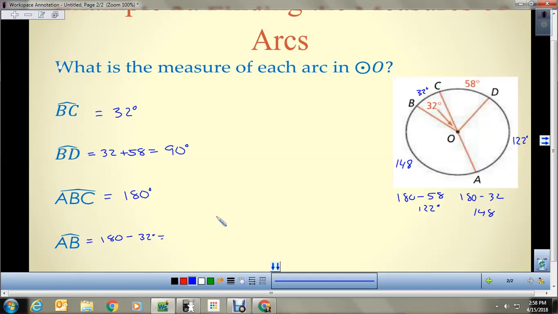And that's going to give us 148 degrees. So that gives us all of our missing arcs. So it's much easier to fill out your entire circle first and then come back and solve these. So let's go to the next part.